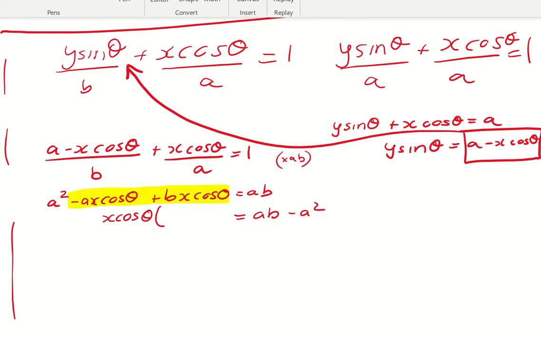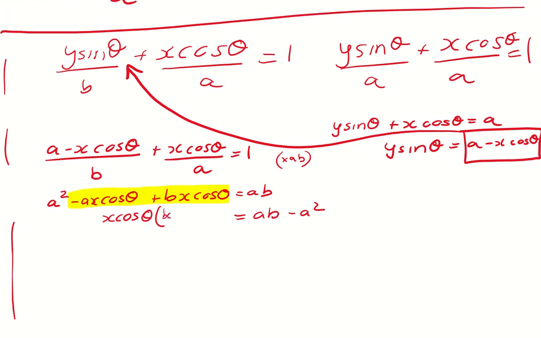If I do that, I'm going to have b minus a. If I factorise this right-hand side, I'm going to have a outside of b minus a. So therefore, x cos theta is equal to a.